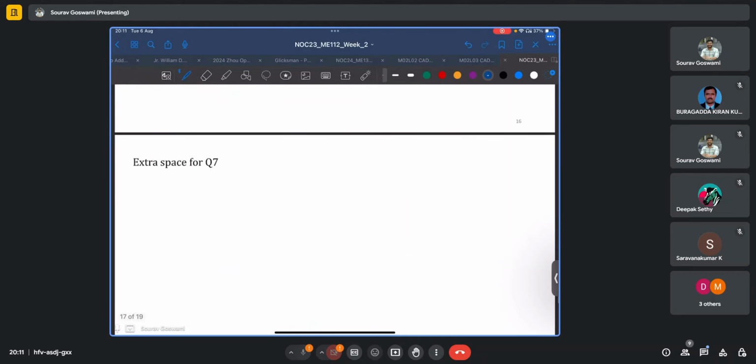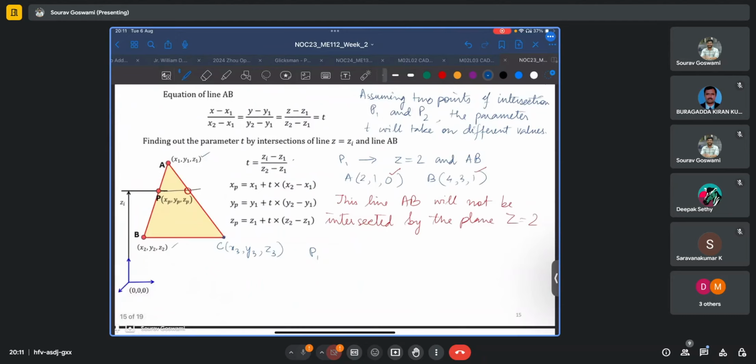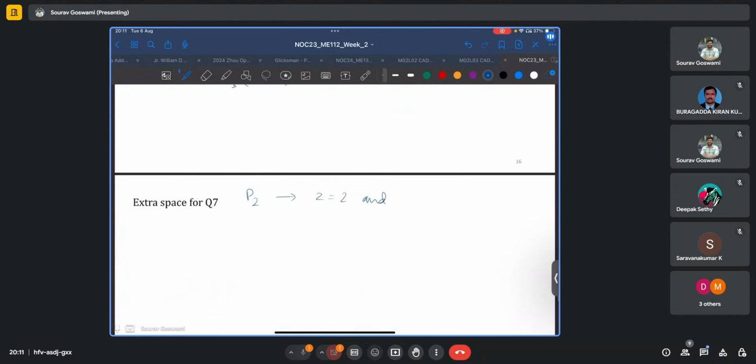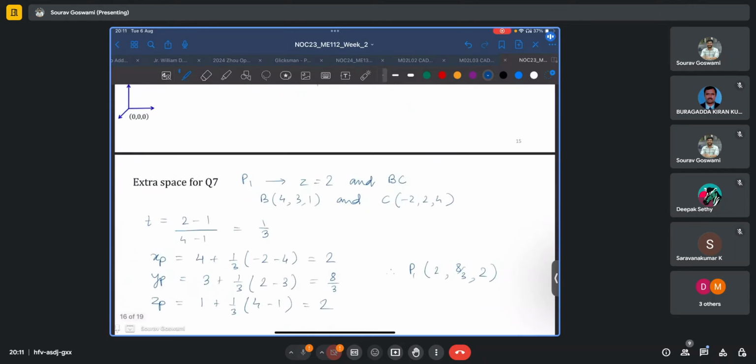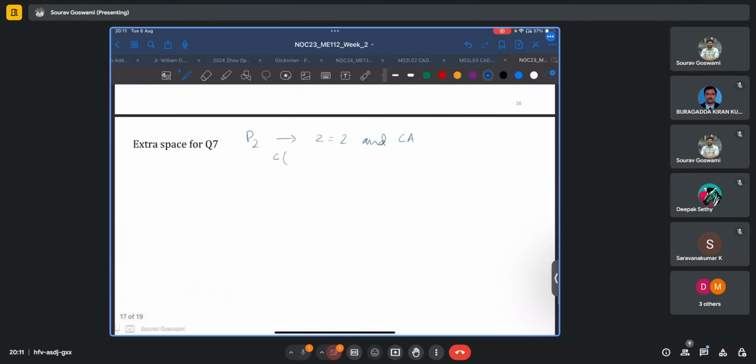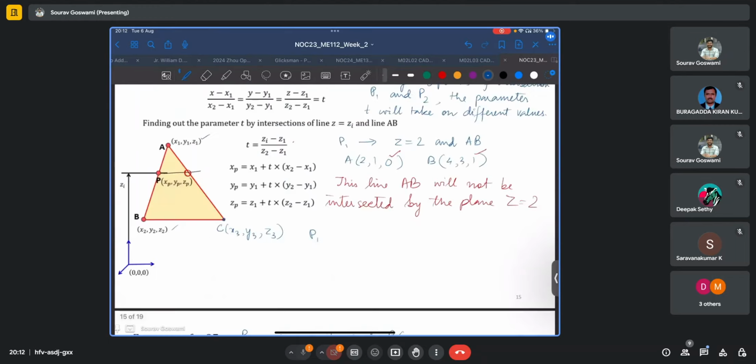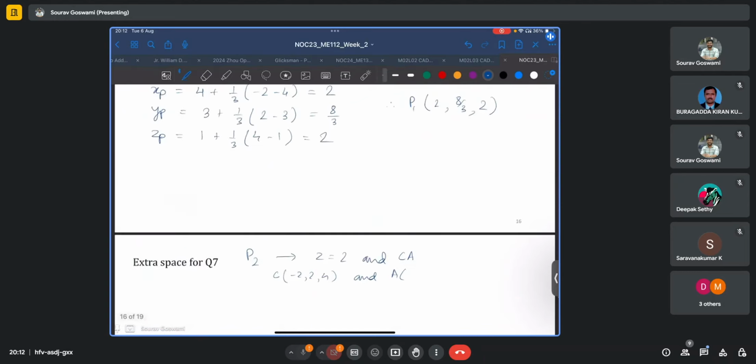Now we must find the second point of intersection, P2, which is the intersection between z equals 2 and, look at AB, BC, then CA. Of course, C has the coordinates minus 2, 2, 4, and A has the coordinates 2, 1, 0.